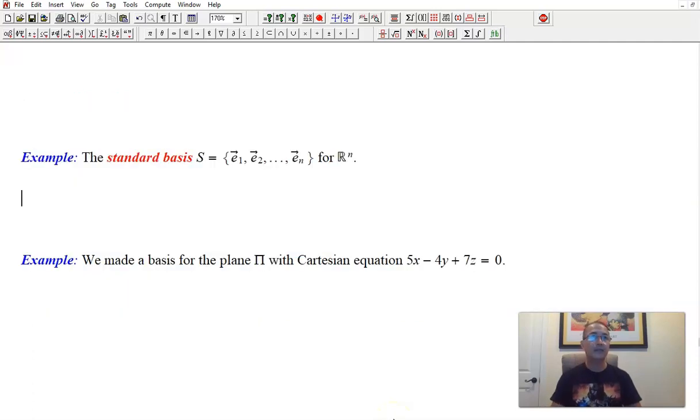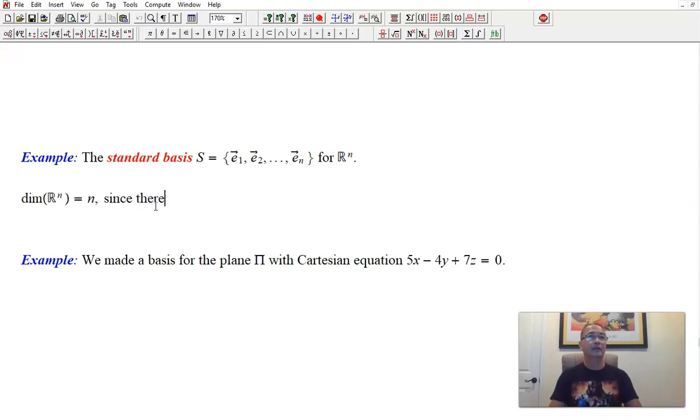So let's apply this to the two examples that we already saw. We said that the standard basis consisting of e1 through en is the basis for Rn. So what is the dimension of Rn? Well, how many vectors are found in this basis? We have n vectors, so the dimension of Rn is n. Of course, we already knew that from section 1.1.